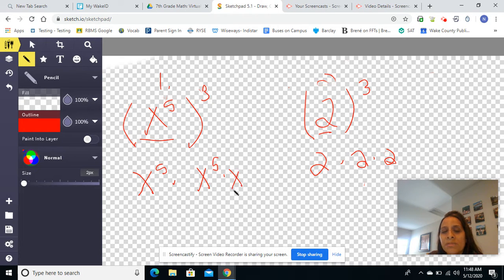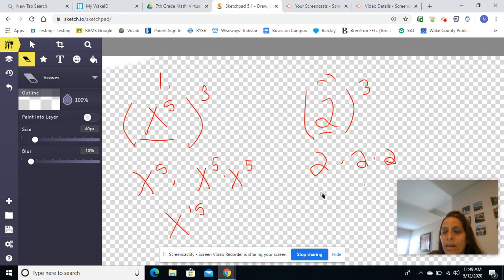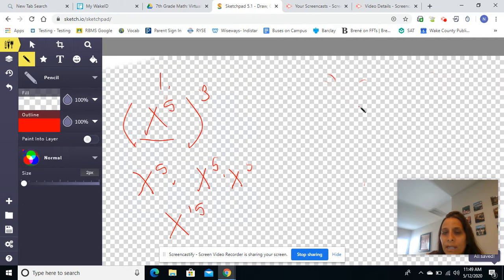Going back to your exponent rules, that means that I'm going to add 5 plus 5 plus 5. Well, when I add that, I get 15. Now think about how I got 15 and take a look at your numbers. If we wanted to do another problem, we would say y to the 7th raised to the 2nd power.